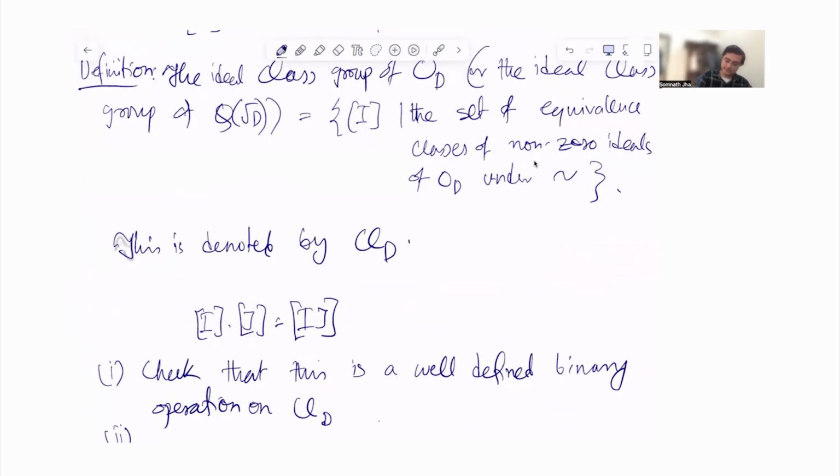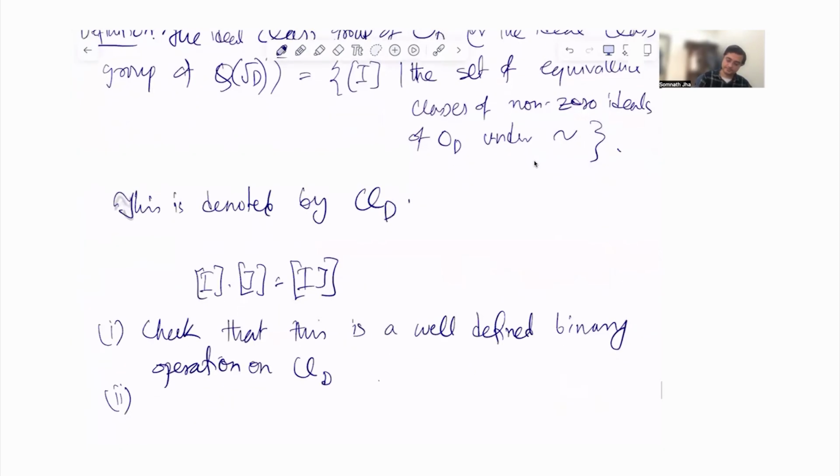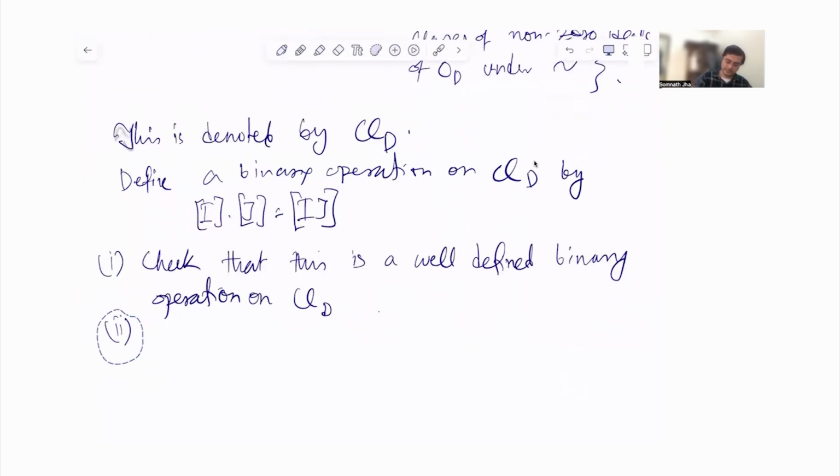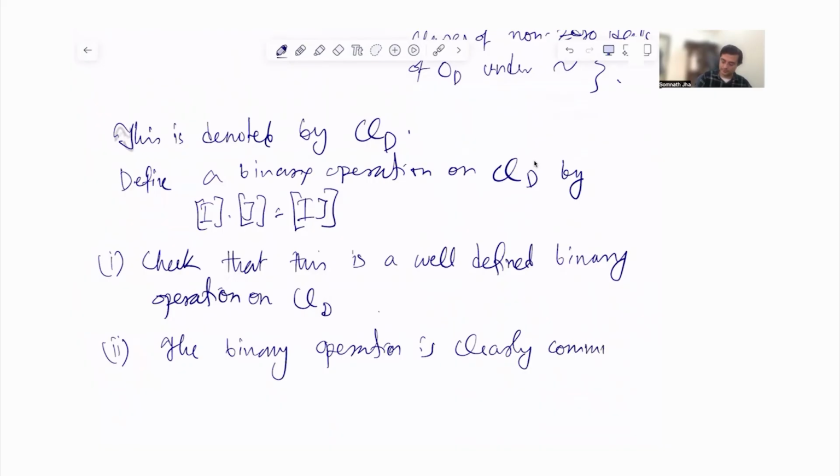So we define a binary operation on CLD, and the binary operation is clearly commutative and easy to check that it is associative.